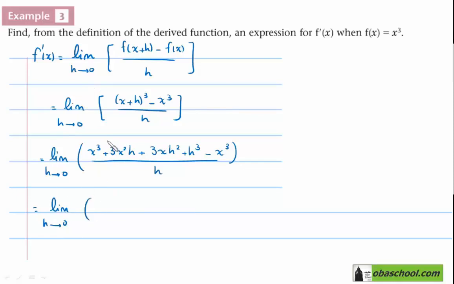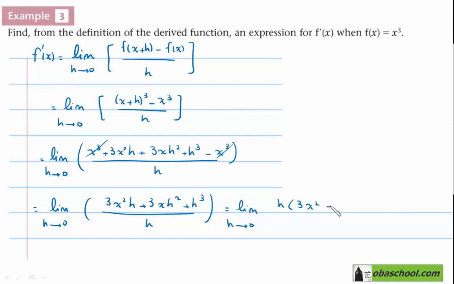Then x cubed minus x cubed cancel each other, and 3x squared h plus 3xh squared plus h cubed are the remaining, all divided by h. Now we can say that h in the numerator is common in all the terms, so we can take it outside. Then the remaining will be 3x squared for the first term, the second term 3xh, and the third term h squared. This is divided by h.